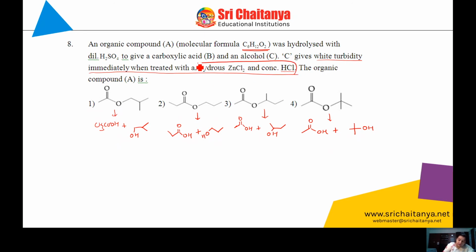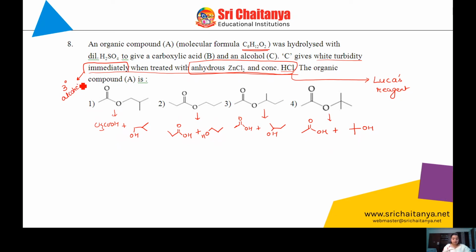This anhydrous ZnCl2 and concentrated HCl is a very famous reagent. I expect all of you do remember. It is our Lucas reagent. And when it gives turbidity immediately, this particular point indicates that the alcohol should be a 3-degree alcohol.